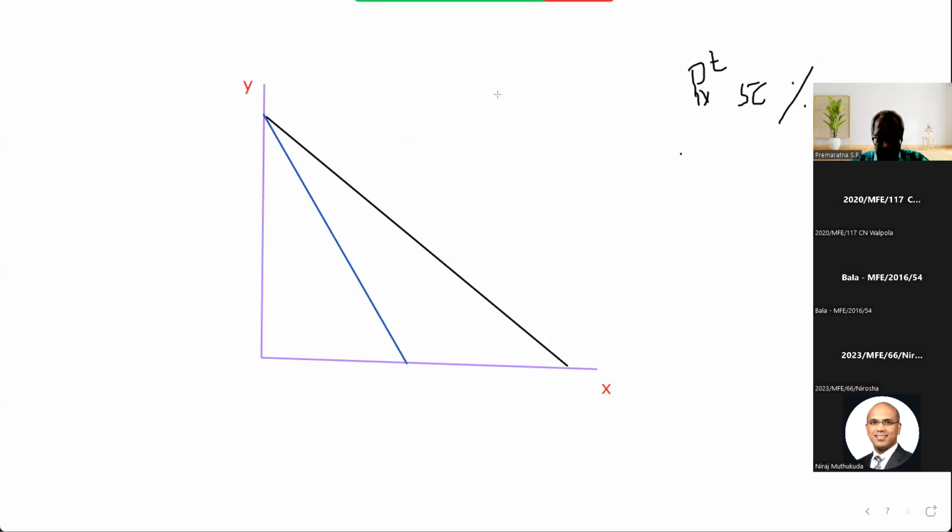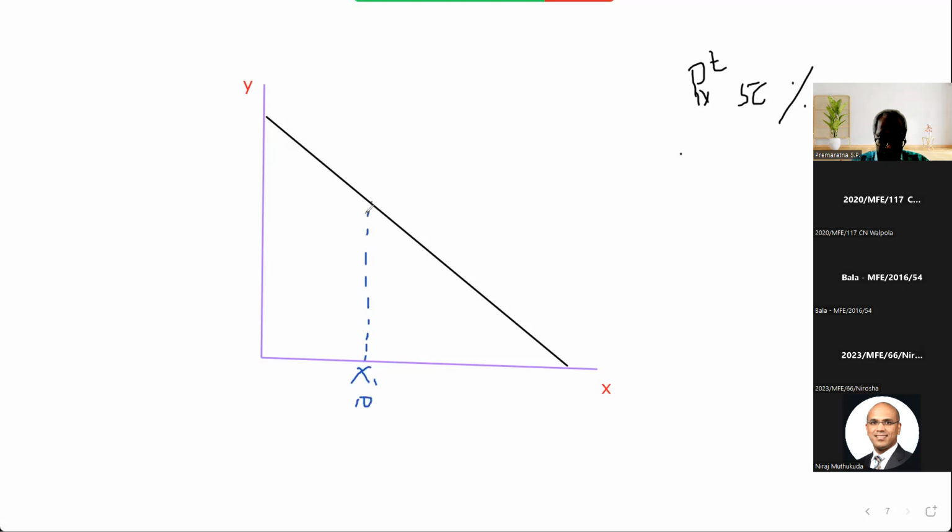Let's say another example. The government lets you buy a certain amount of some goods without tax, at the normal price. After you buy up to a level, let's say up here X1, you can buy without tax. Let's say 10 units, 10 kilos of rice.